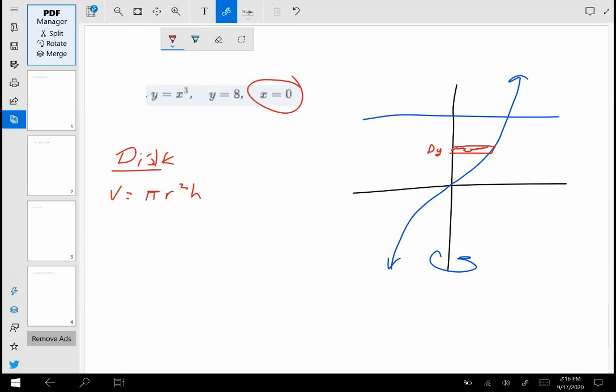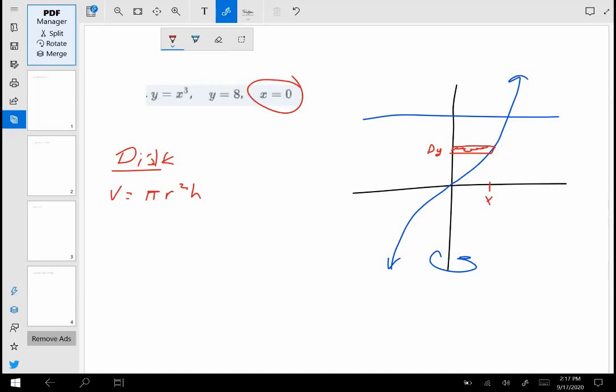We've got to go from here to here, so the radius is whatever the x coordinate is, because you're going from 0 to whatever that function is.